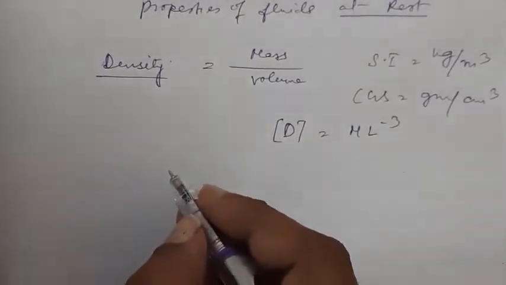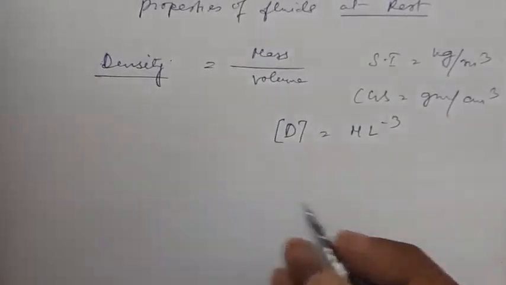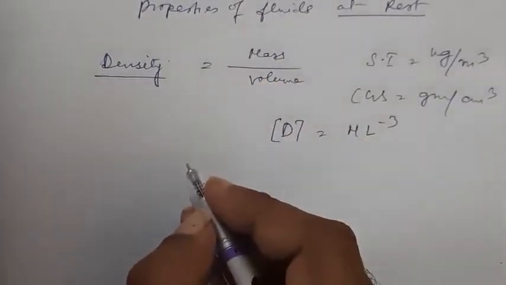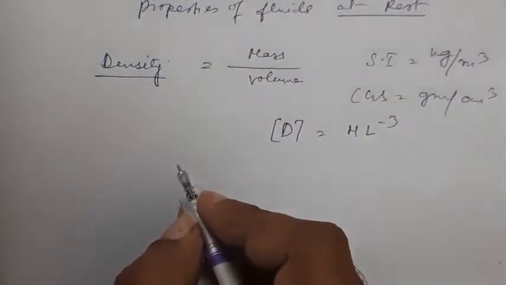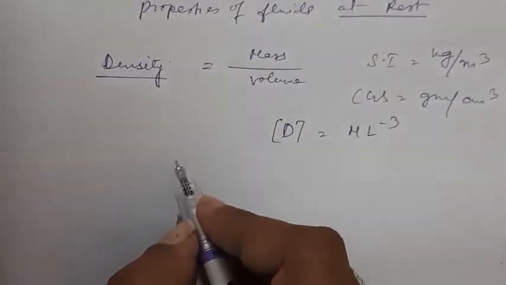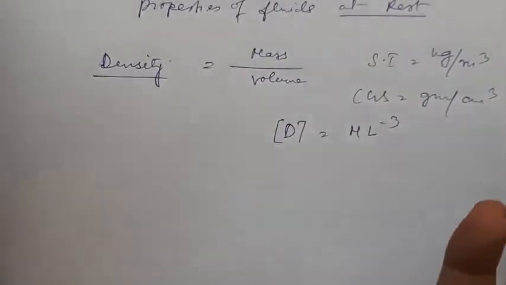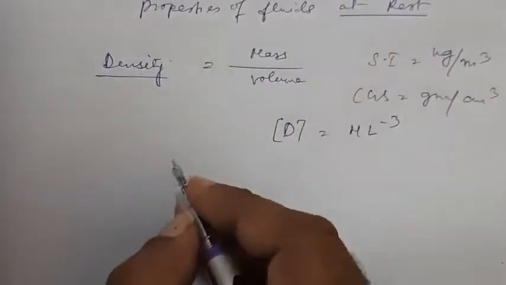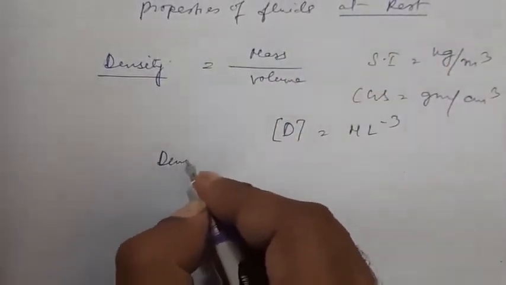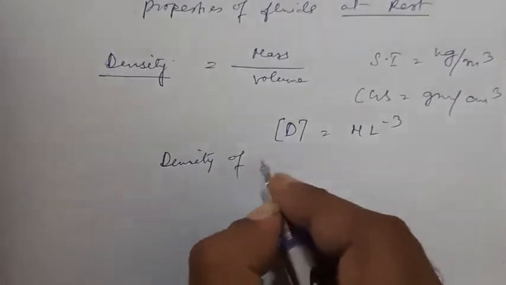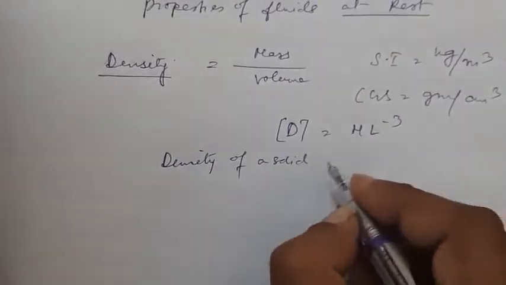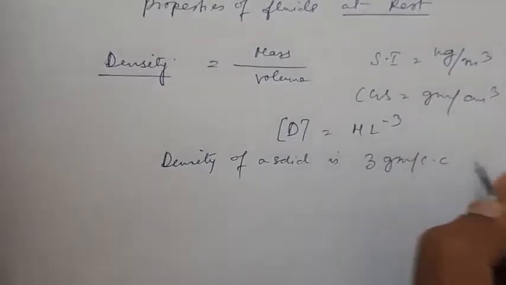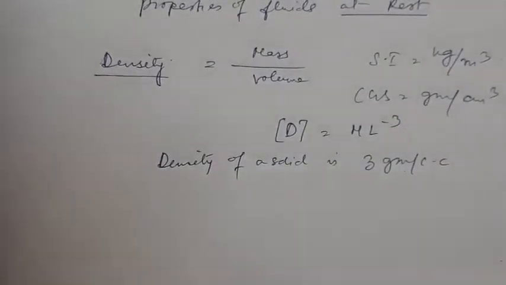Now, one thing: if you have passed class 10, one mistake you all make is in converting SI to CGS or CGS to SI. Suppose the density of a liquid or a solid is 3 gram per cubic centimeter in CGS.